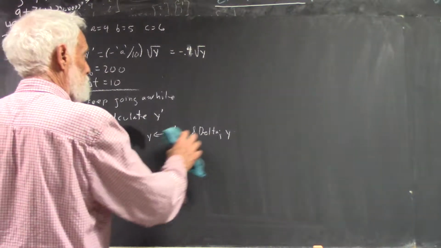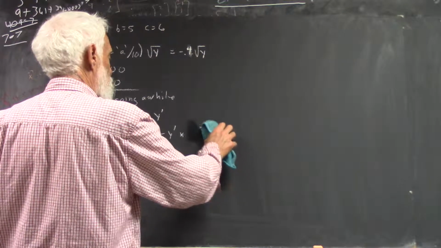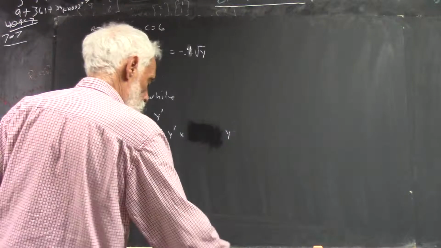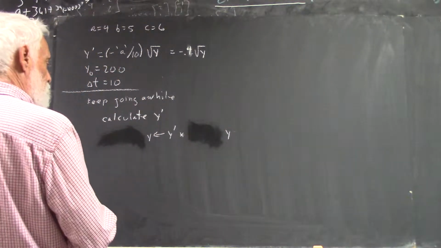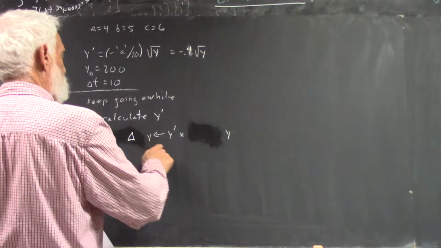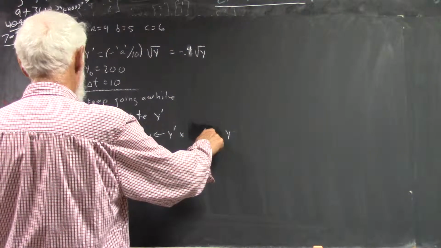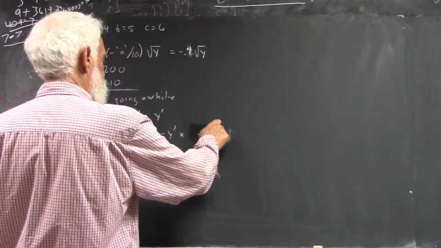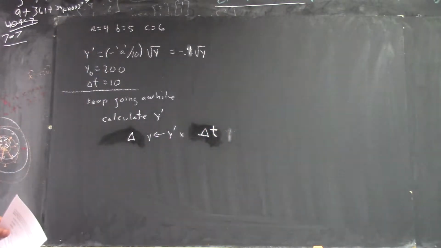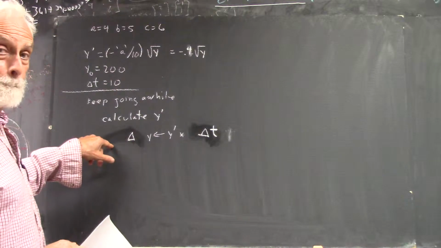So this means, I did make a very good ampersand there, but this means delta y, and this is not delta y, it's delta t. Okay? So this is the step.